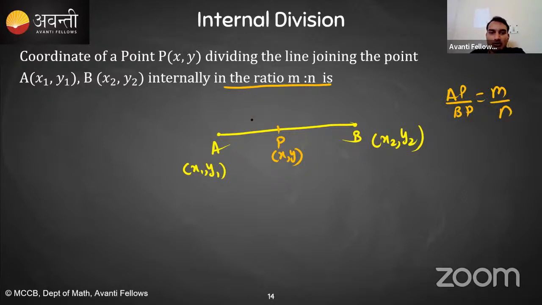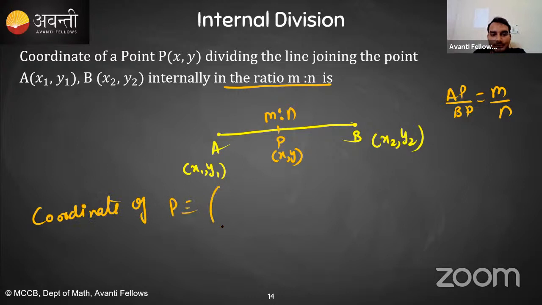In that situation, how will you find your x and y coordinates? How will you find the coordinates of P? What will the x coordinate be? Look, m into x2 plus n into x1, it feels like cross multiplying. Multiply m with x2 and n with x1. So m into x2 plus n into x1 upon the sum of the ratio, m plus n.